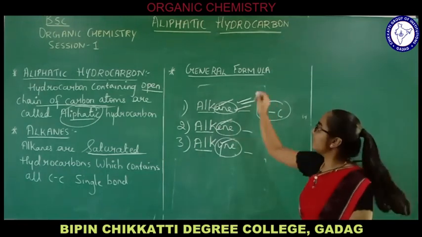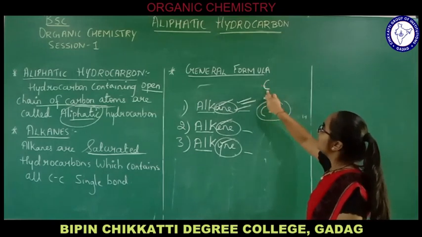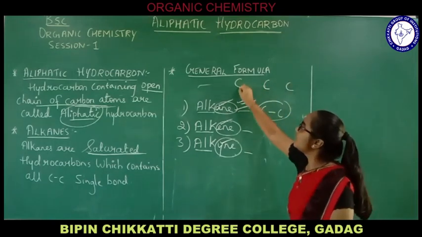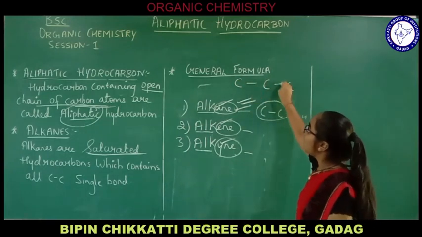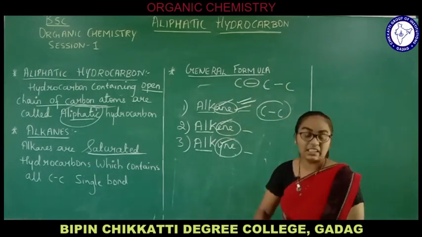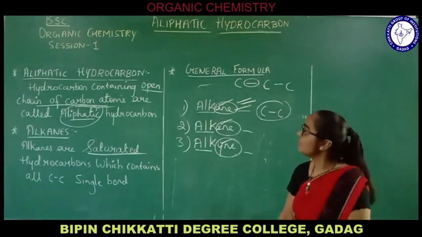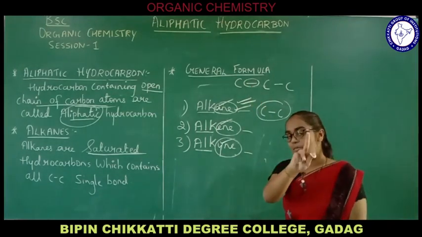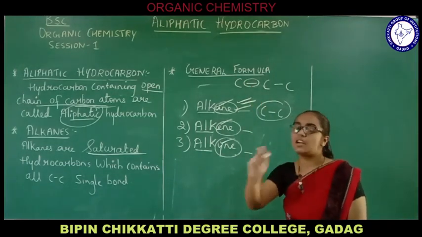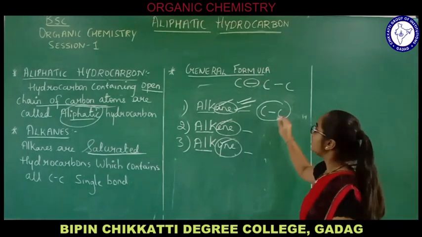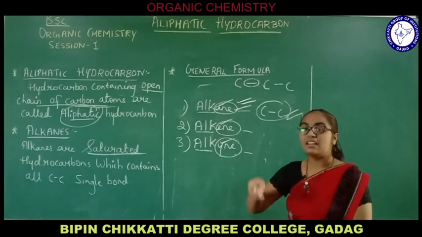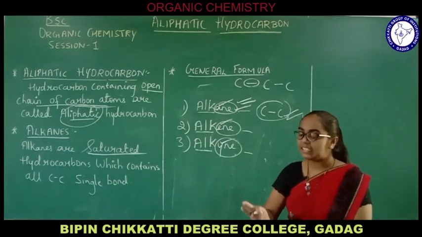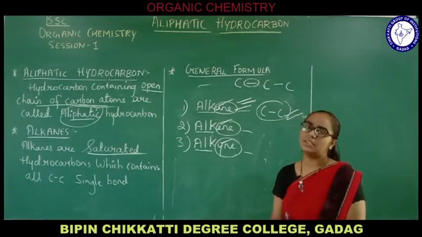If carbon number 1 is there, carbon number 2, carbon number 3, like so, if one carbon has to get linked with another carbon, there should be a chemical bond between them, right? So only one single chemical bond will be present between the carbon-carbon atoms. That is the meaning of the word saturated. Understanding my point? So these are the saturated hydrocarbons containing a single bond between the carbon-carbon atoms.